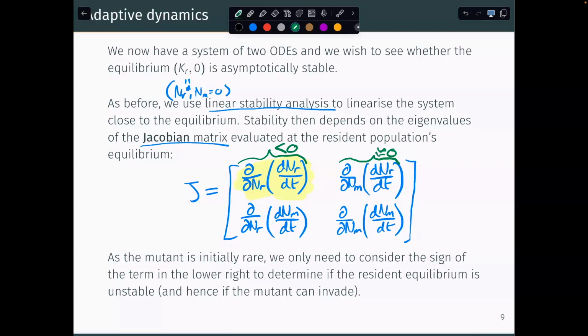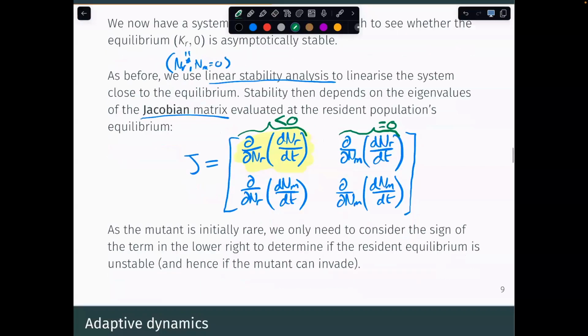I said equal 0 there, it should really be approximately equal to 0. I'll put it back to equals 0 just to avoid any confusion here. But we're essentially assuming this is now equal to 0. Okay, so we don't actually care about this bottom left term anymore, but you notice now that this is a matrix in lower triangular form.